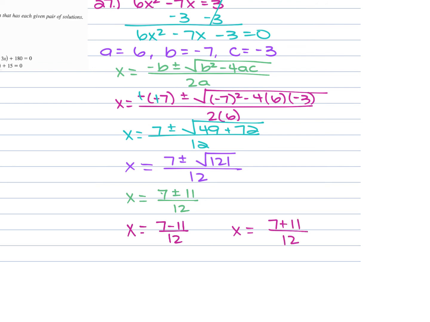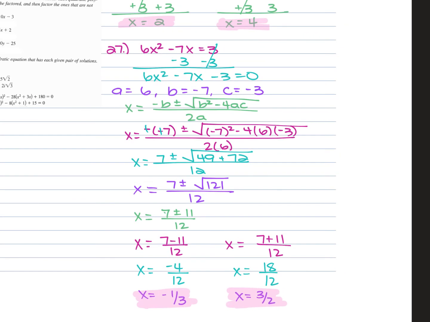The 7 minus 11 gives us negative 4, and negative 4 over 12 is negative 1/3. So that's one of your solutions. The 7 plus 11 gives us 18, so that's 18 over 12. 6 goes into both, so that's 3 over 2. So two solutions for this one as well, the negative 1/3 and the 3 over 2.